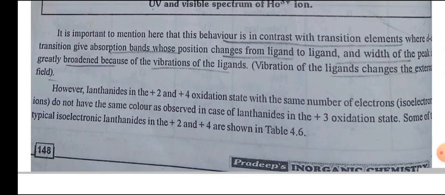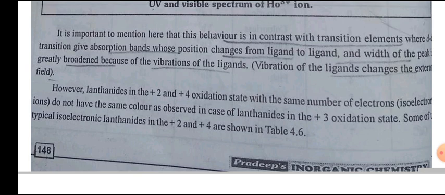It is important to mention that this behavior is in contrast with transition elements, where d-d transitions give absorption bands whose position changes from ligand to ligand, and the width of the peak is greatly broadened because of the vibration of the ligands. Vibration of the ligands changes the external field.